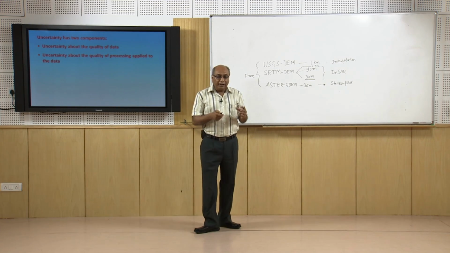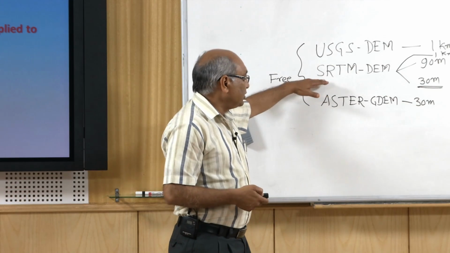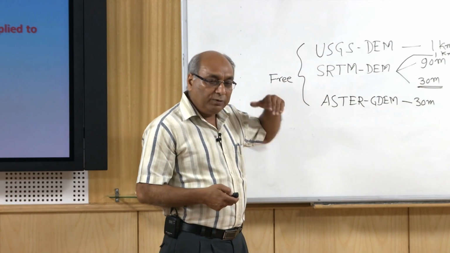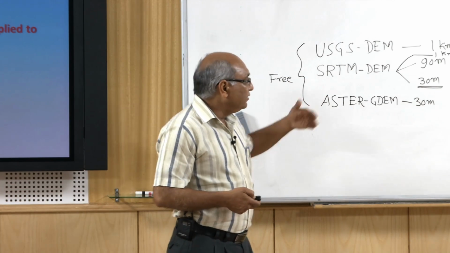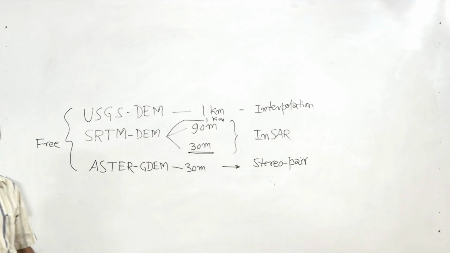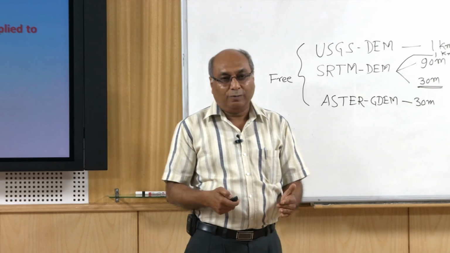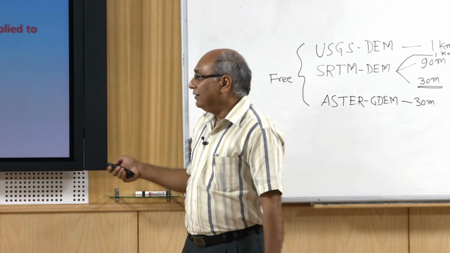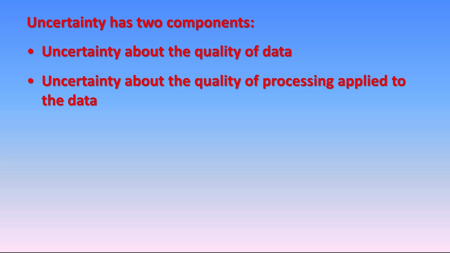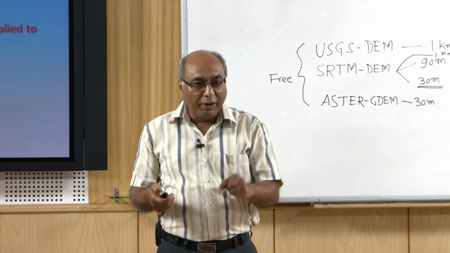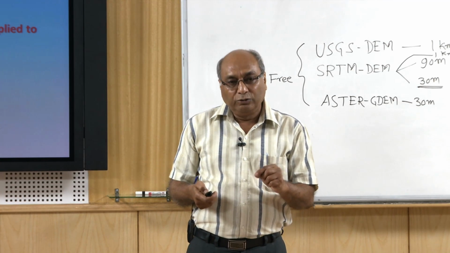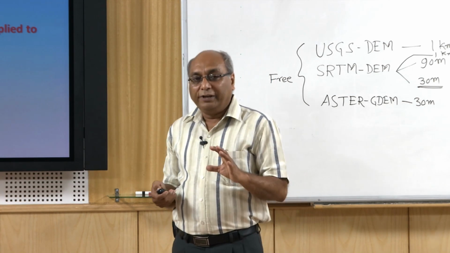Then this data, when it was acquired by this mission, has been processed, and then digital elevation models were created. So how accurate that process was, that uncertainty will come in the quality of processing applied to the data, because each processing might bring certain errors. So those errors should also be kept in mind.